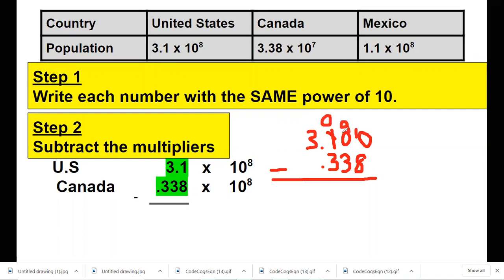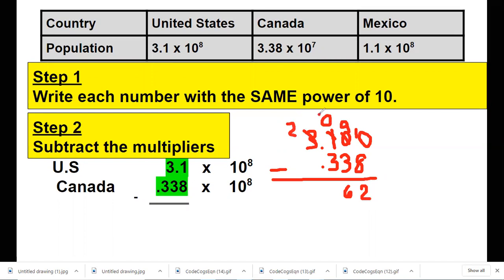This becomes a 10, and the number next to it becomes a 9. How do I know that? Because if I have many zeros in a row, the farthest right 0 becomes 10. All the other zeros next to it become 9s. So 10 minus 8 is 2. 9 minus 3 is 6. And now I can't take 3 away from 0, so I borrow from the 3 and make it a 2.